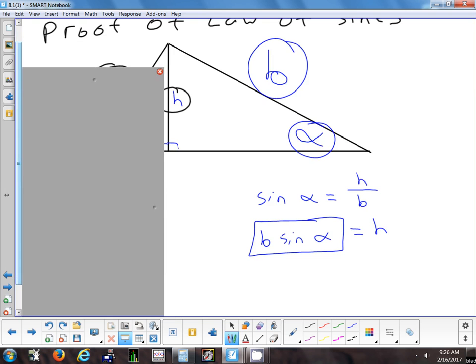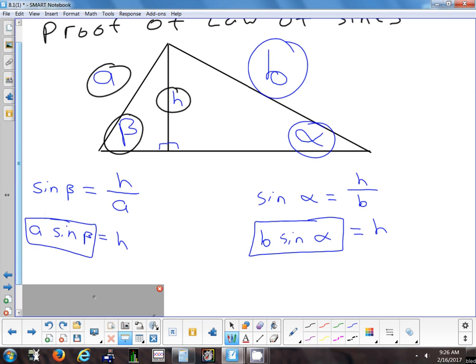So now let's look at the two things we have. I have a formula on the left for h, and I have a formula on the right for the same h. But what's in the two boxes? There's a connection between them. What's the connection between box 1 and box 2?